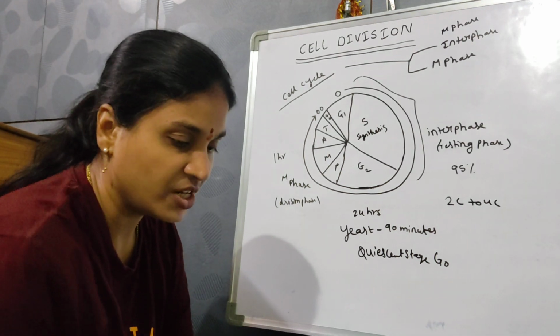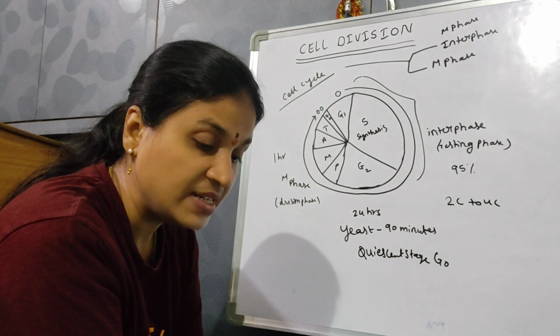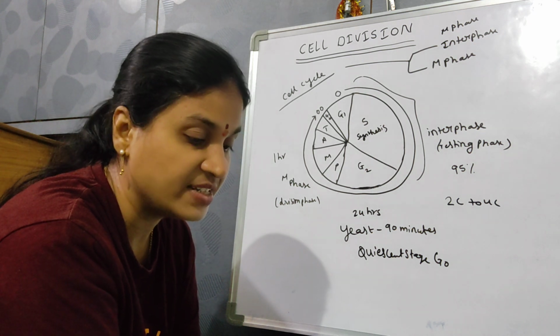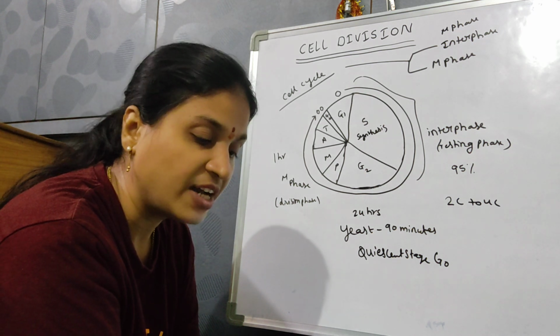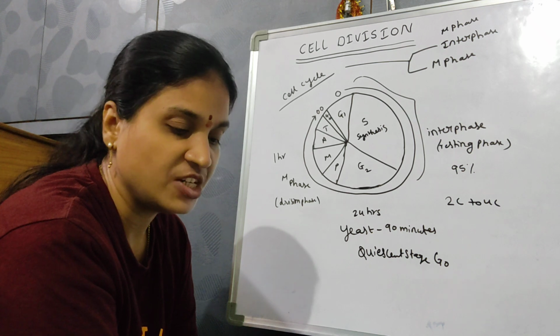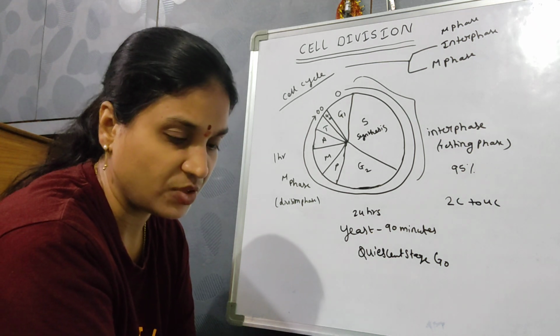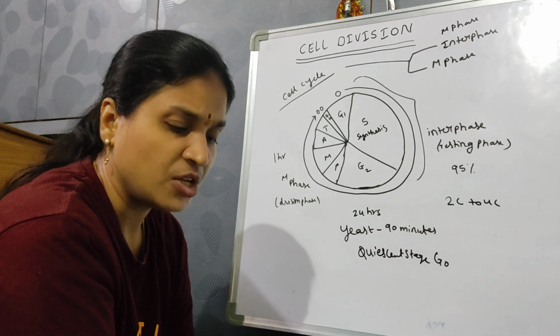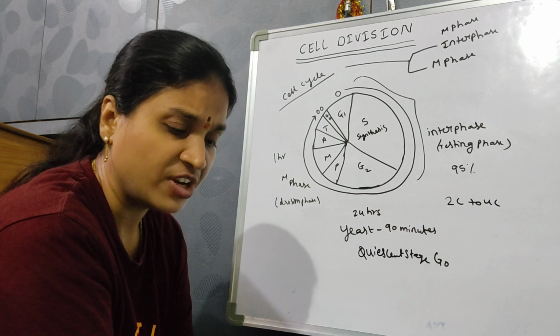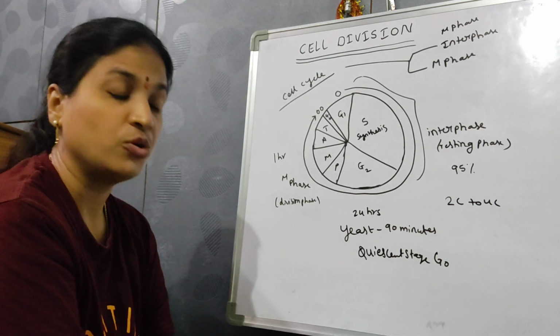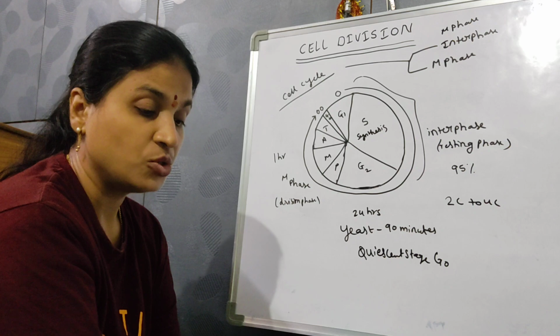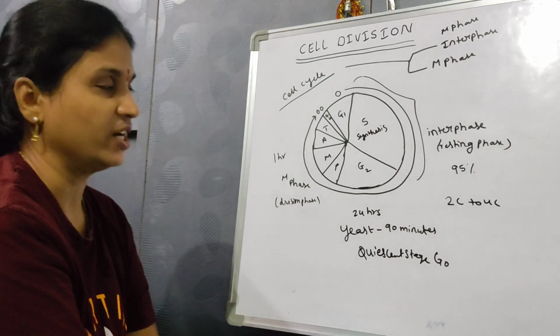These cells that do not divide further exit G1 phase to enter an inactive stage called the quiescent stage, G0, of the cell cycle. These cells no longer proliferate unless it is dependent on the requirement of the organism.